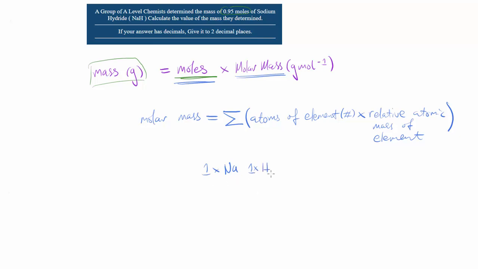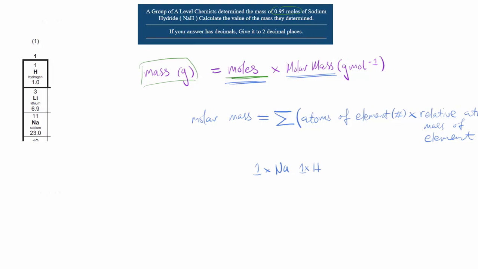So in each of these cases, we're going to need to multiply each of these by the relative atomic masses. So for sodium, if we refer to the periodic table, we can see that the relative atomic mass of sodium is 23, right?